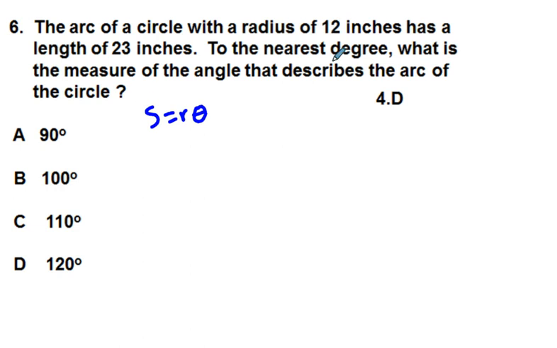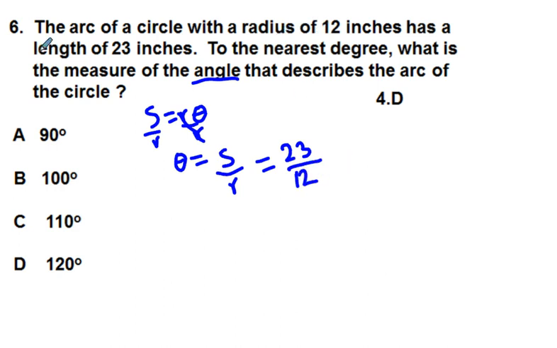And we want to find the angle, so angle is equal to, if we divide by R, arc length divided by radius. So our arc length is 23 inches and our radius is 12 inches.